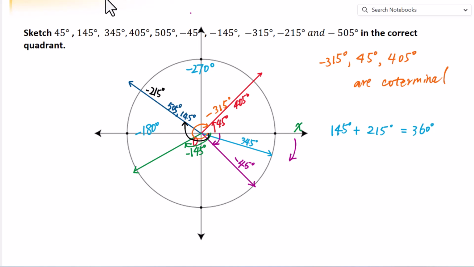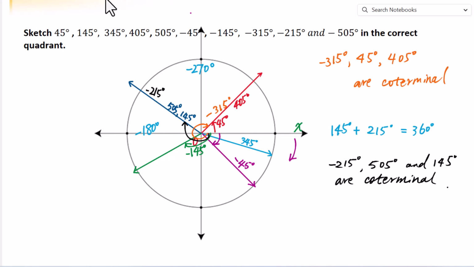In other words, we have -215 degrees, 505 degrees, and 145 degrees are coterminal angles.